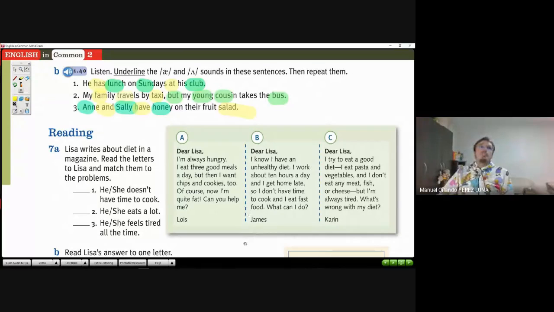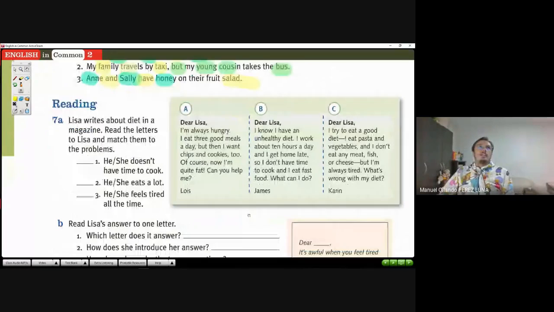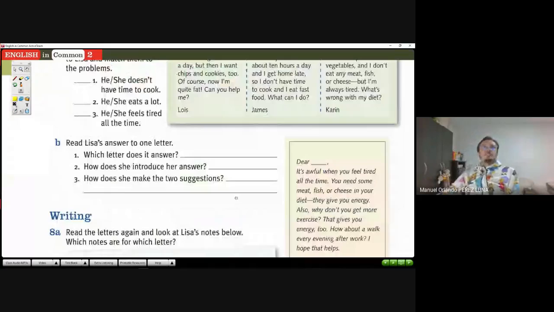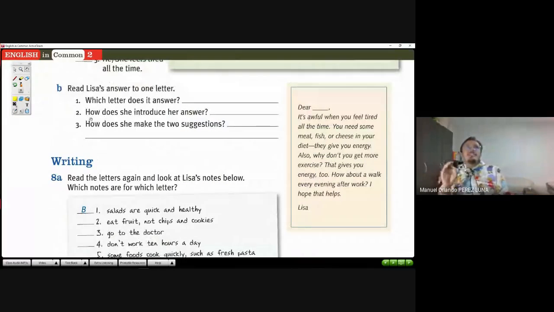Okay, now let's continue working with this. It says there, read Lisa's answer to one letter, only one letter. Which letter does she answer? Question number 2, how does she introduce her answer, and how does she make the two suggestions? Okay, let's read.